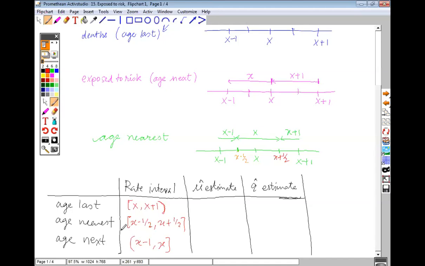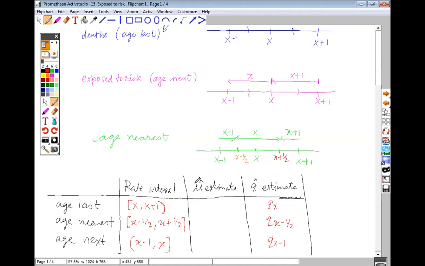Now if I'm talking about this Q hat, this denotes the initial exposed to risk. So for this particular interval, it will just be Qx. Qx represents my age last from X to X plus 1. And Q x minus half is the interval that I correspond to here. And if I'm talking about Q x minus 1, then this is the interval I'm corresponding to, again with these respective definitions.